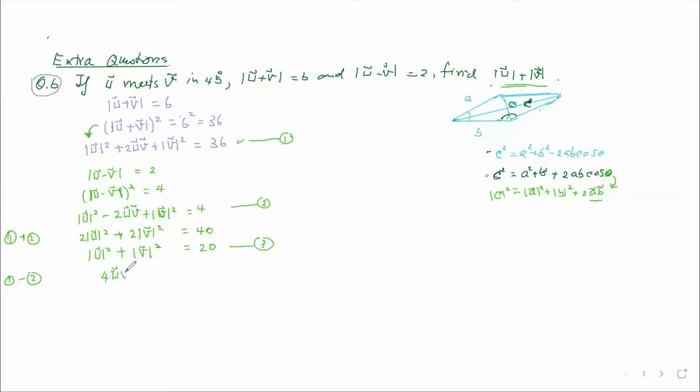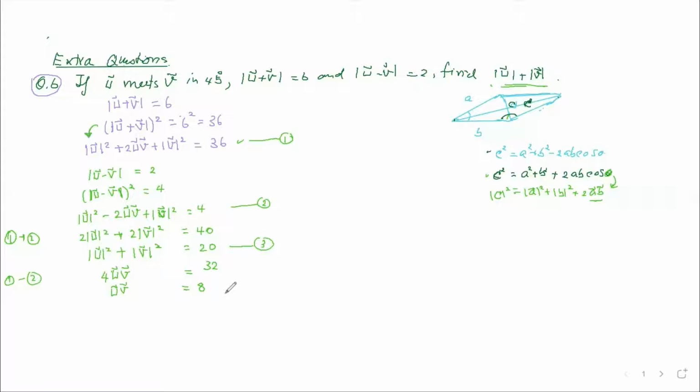Vector u times vector v. And this one minus, so this one is gone, right? So we are left with 36 minus what? 36 minus 4 becomes 32 between equation 1 and 2. Then 4 can simplify it, so it becomes 8. Okay, so we got this one as 8.